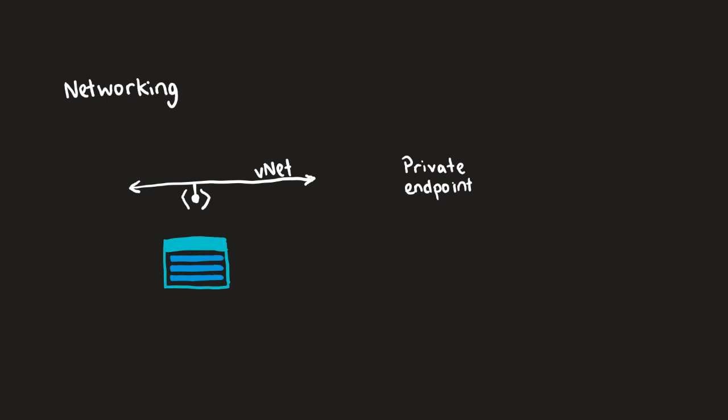But now we can link our different PaaS services, including the Azure Data Lake Storage, into that virtual network as well. And how this would work is that you create a private endpoint into that virtual network, into one of the subnets of that virtual network to be more specific. And then you link that private endpoint to your Azure Data Lake storage. And so you just make it so that this data lake storage can only receive traffic from that virtual network and can also only talk out towards the rest of the world through it.